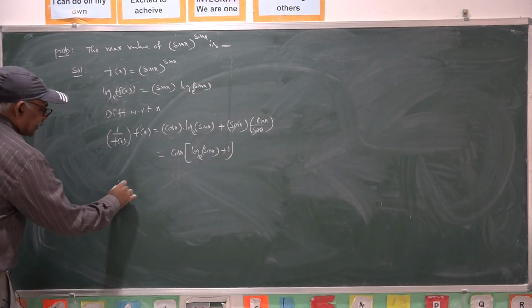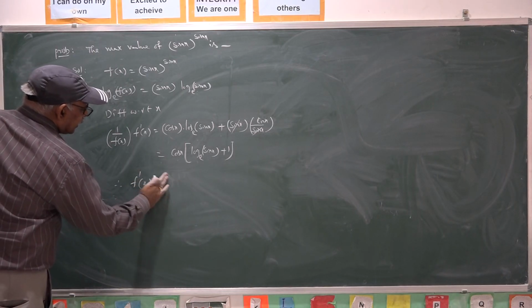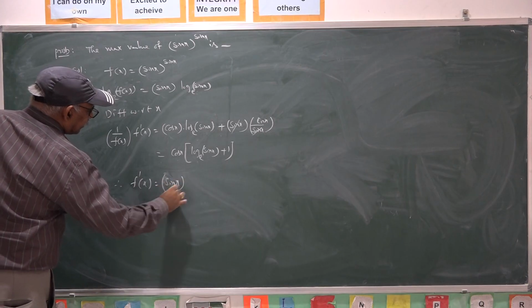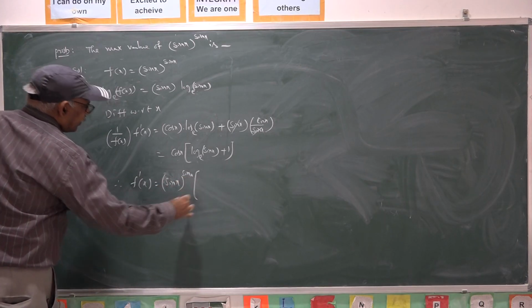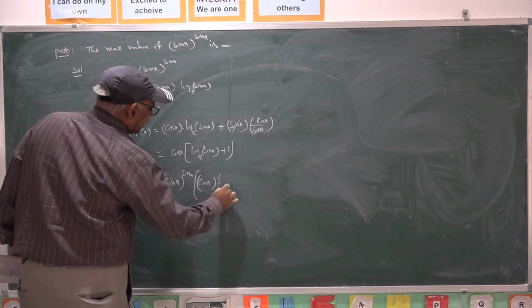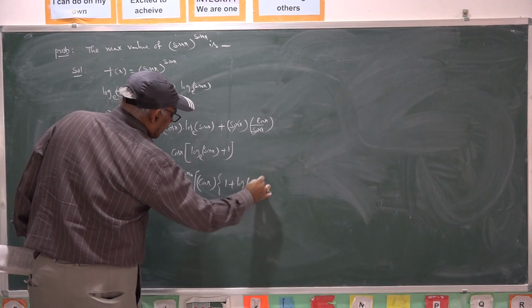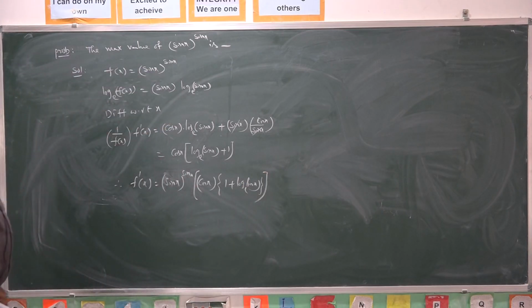So f dash x is f(x), that is sin x whole power sin x, into cos x into 1 plus log sin x. This is our f dash x.